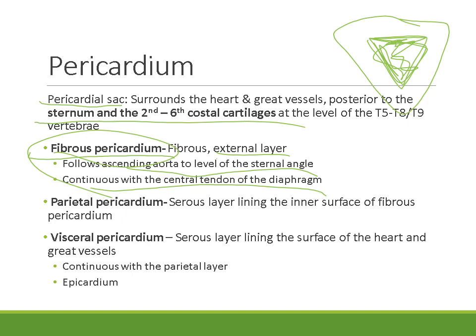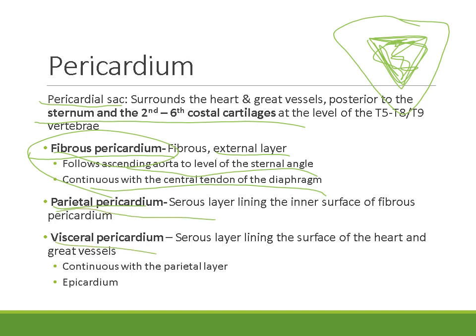We don't want them rubbing against each other because that would generate friction, right? That would have wear and tear on the heart. So we coat both the fibrous pericardium and the heart itself with really slippery, slick layers. Those layers are the parietal pericardium and the visceral pericardium.